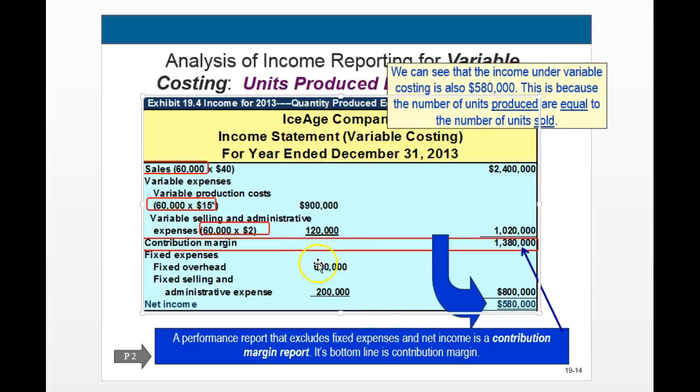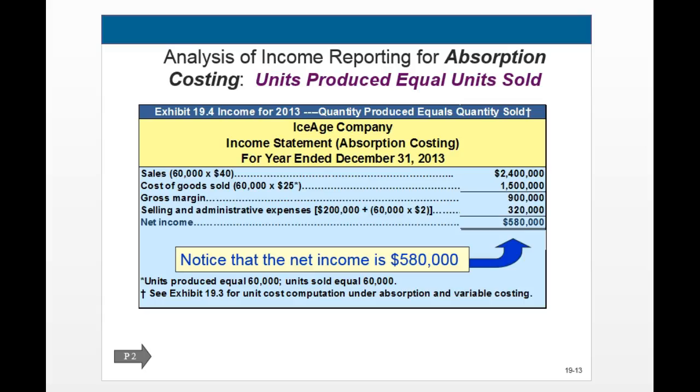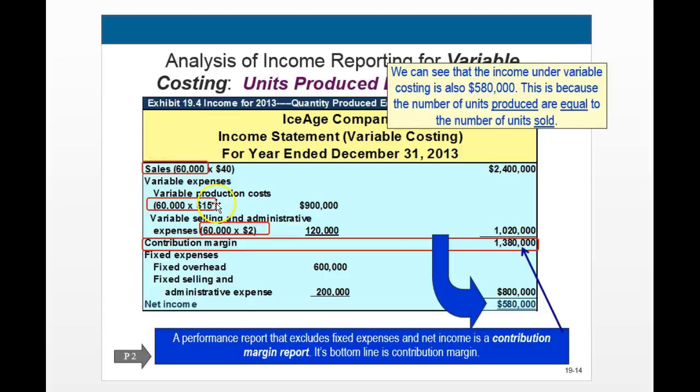So it's just a matter of this one, which is absorption, has the $600,000 built into the cost of goods sold. This one has the $600,000 taken out after the contribution margin. So it's not wrapped into the units. So kind of wrap your head around that. And our net income's the same. It's just a matter of where the expense comes out.